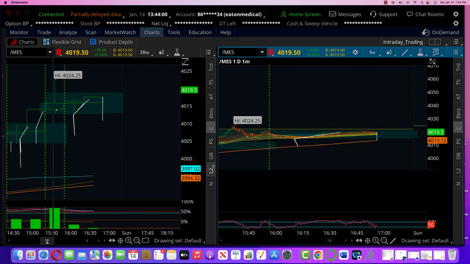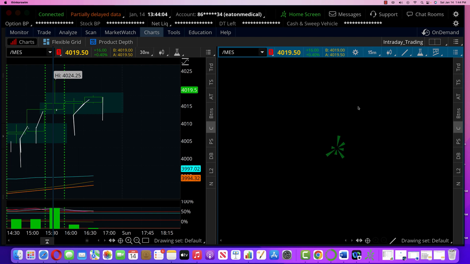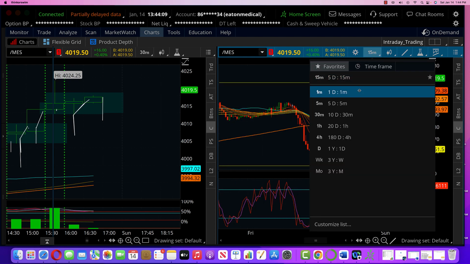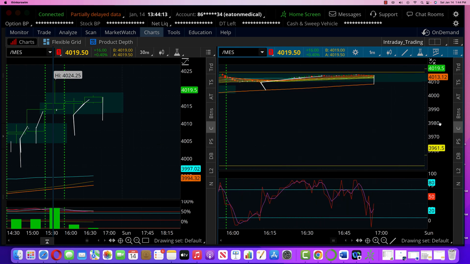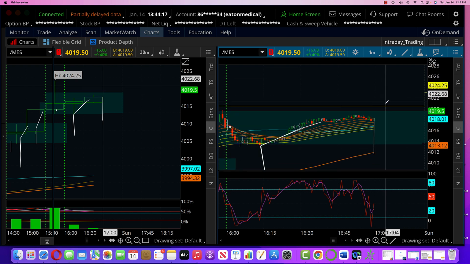Okay. There we go. So when the stochastic gets back overbought again, you're looking at covering that.